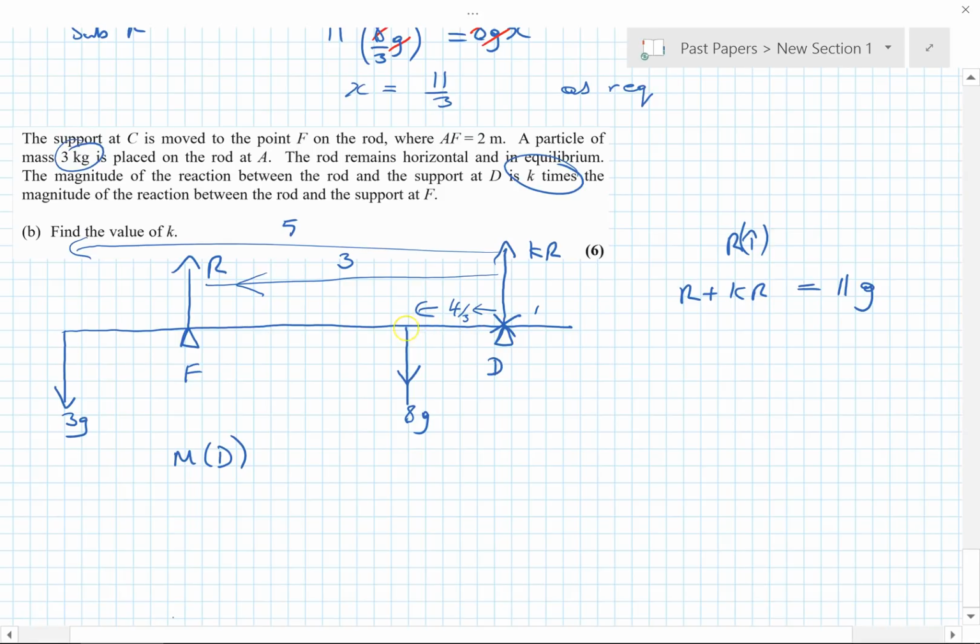So looking at the two anti-clockwise ones, we've got 3g times 5, force times distance, plus 8g times 4 over 3 is equal to 3r, the clockwise moments.